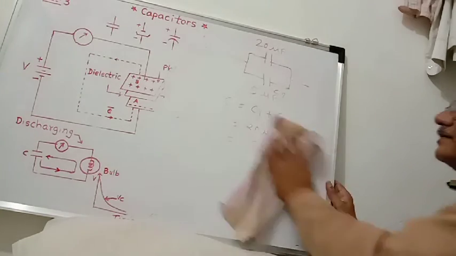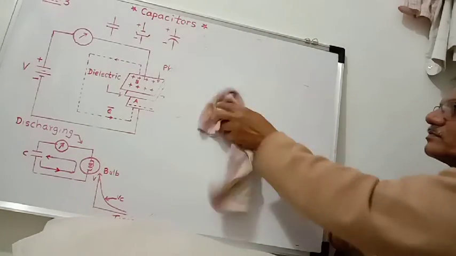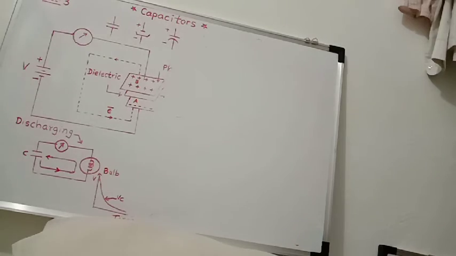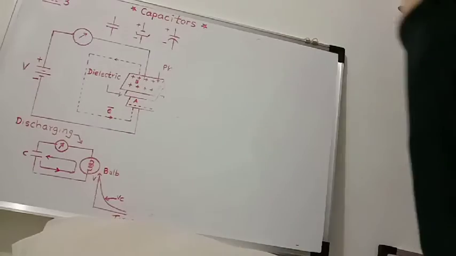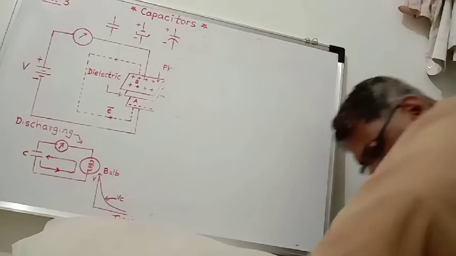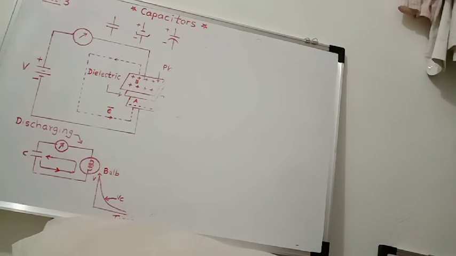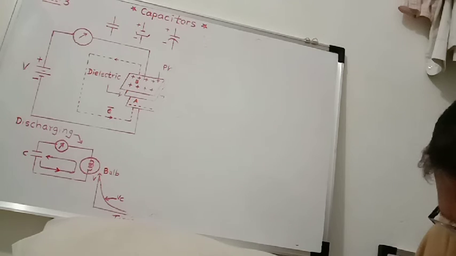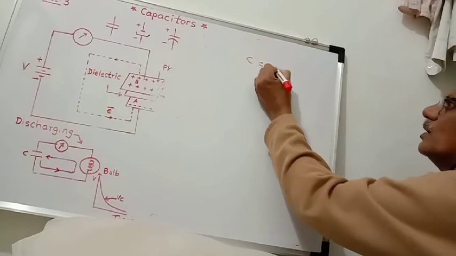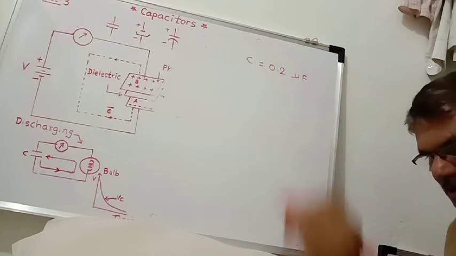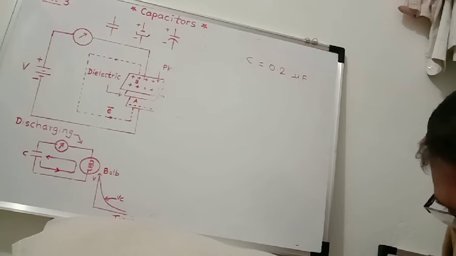Now see another example. A capacitor of 0.2 microfarad, that is C is equal to 0.2 microfarad, is connected in series with a resistance of 15 mega ohm.